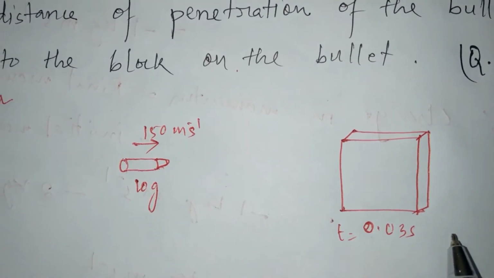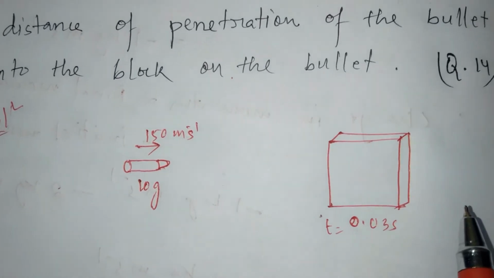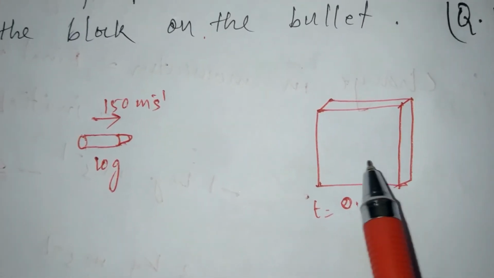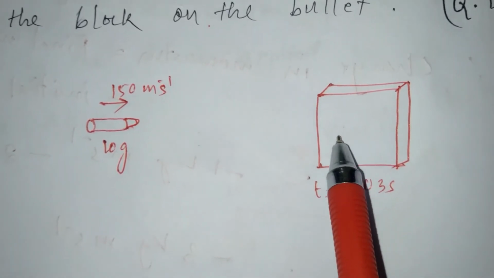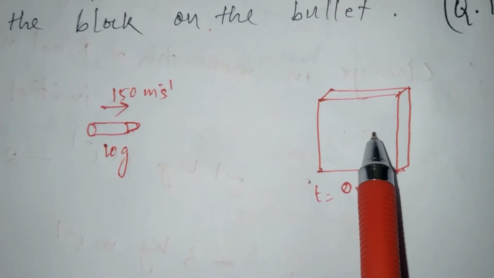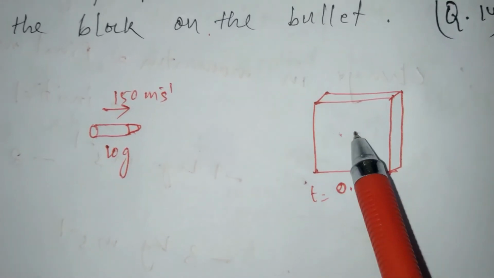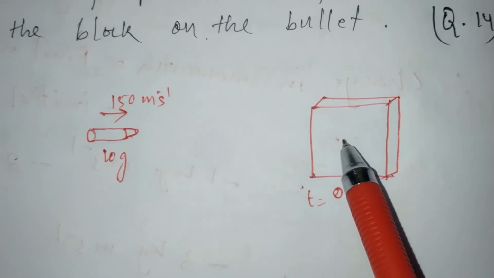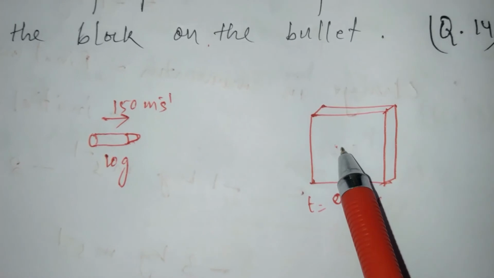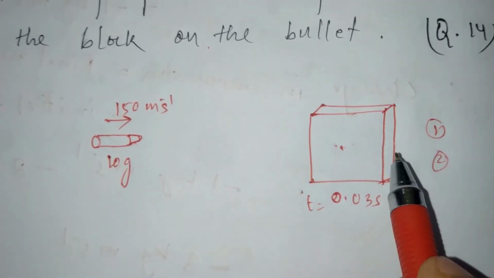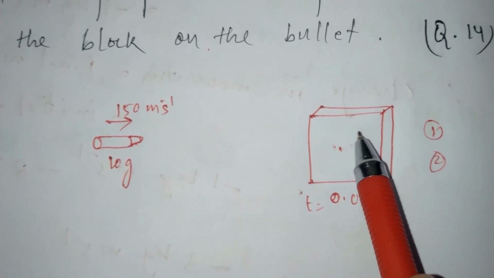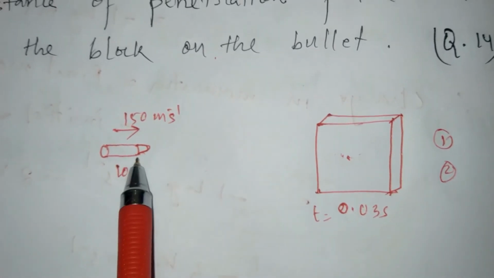So what is the question? The question is how much this bullet has penetrated the wooden block. After striking, it will penetrate and go inside this wooden block, isn't it? So how much it penetrates means what will be the distance? What is the distance of penetration? First question. And the second question is how much force is exerted by this wooden block on the bullet?